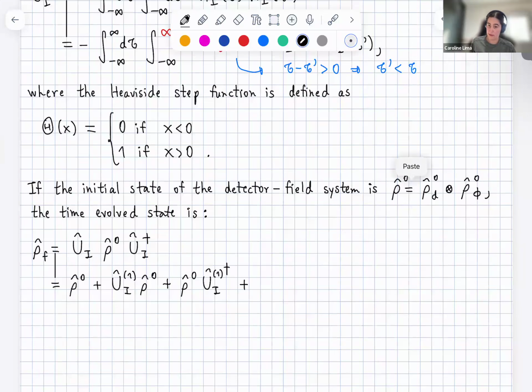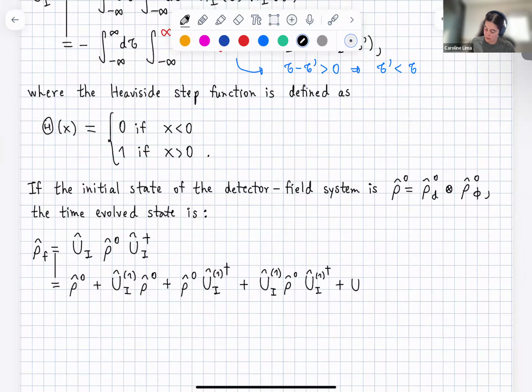Or to get the second order corrections, we would act with U1 on one side and U1 dagger on the other side. I forgot this i's.